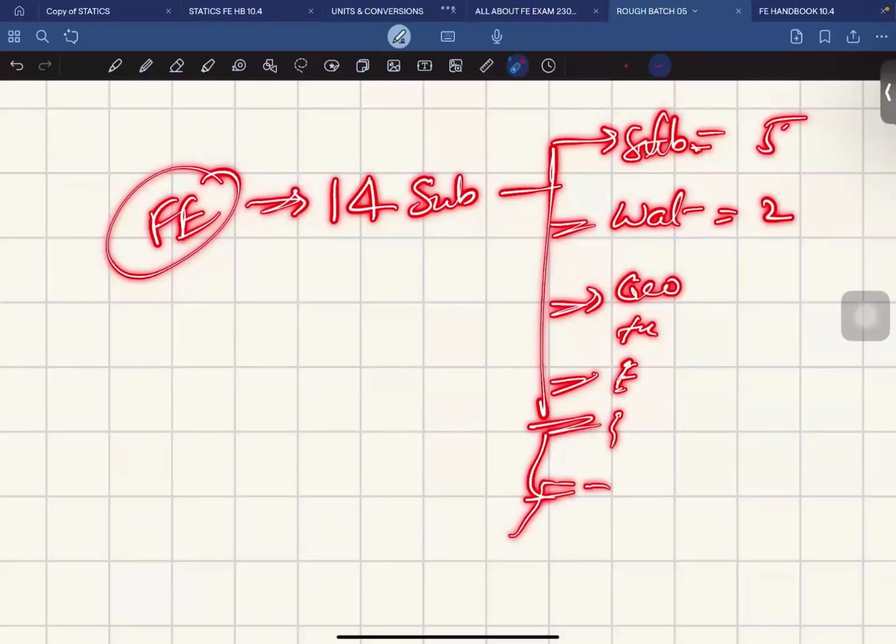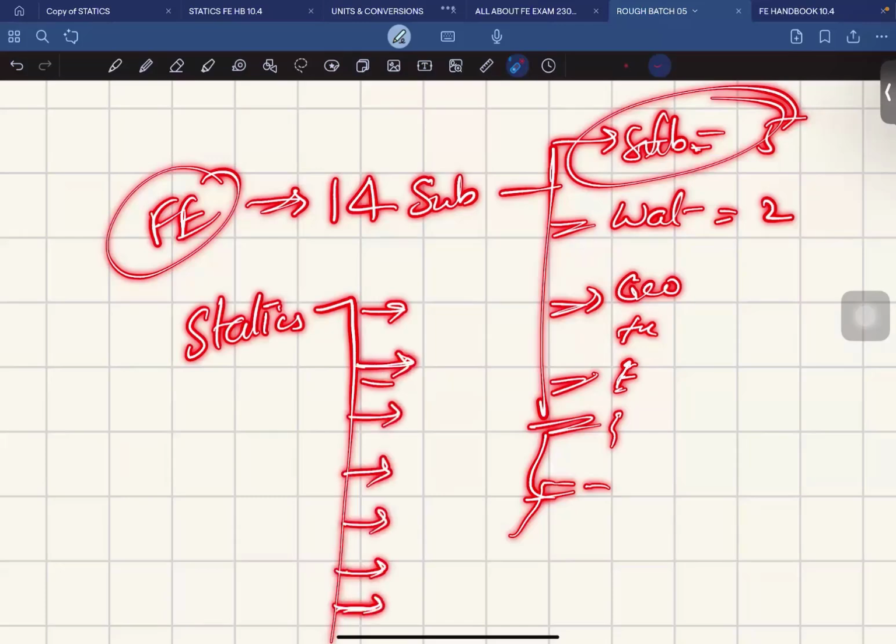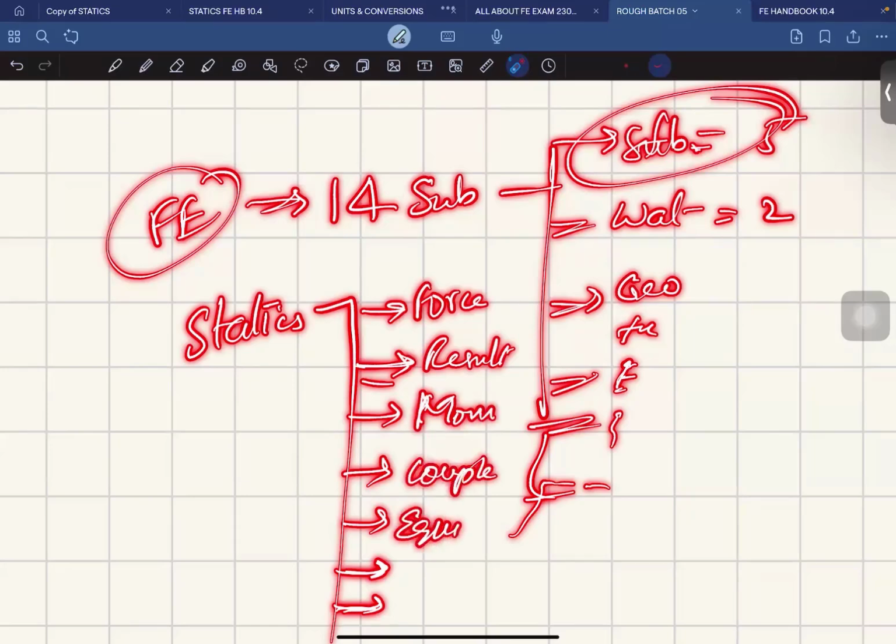After coming to statics, now your brain will go to the list of subtopics. What are the subtopics till now we learned? Can you name them? Force, moment, couple, equilibrium, and equilibrium equations. That's so great.